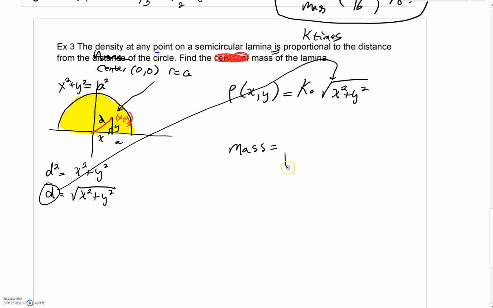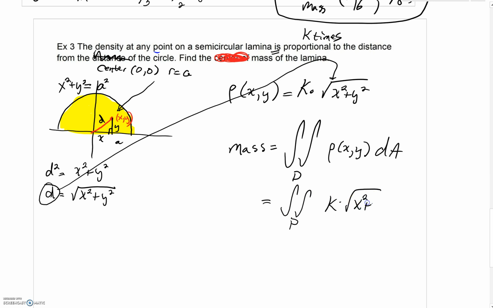Well, the mass is going to be this double integral over some region D, which we've highlighted in yellow. And we've got our density function right here. And it's only going to take us a moment then to see that, well, that's k times the square root of x squared plus y squared.